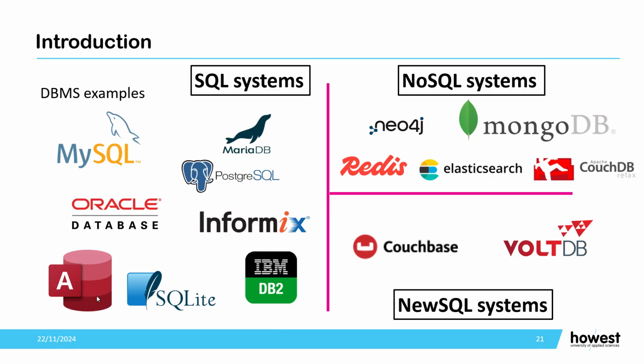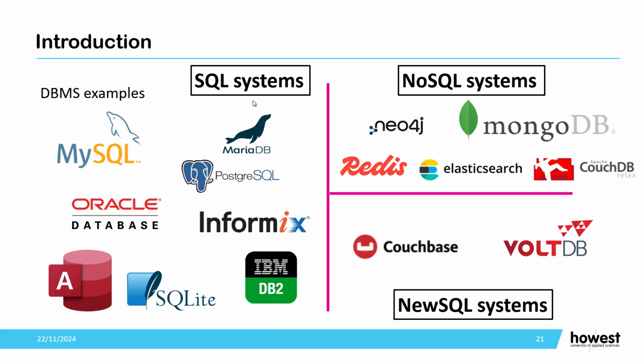Microsoft Access, you maybe used some time in the past, but we will actually be using MariaDB, which is basically an open source version of MySQL. There are some differences, but they are very interchangeable, so you can easily swap them out.